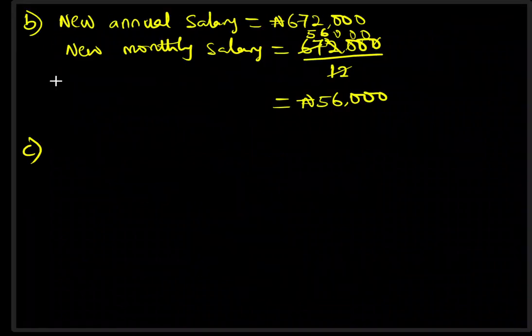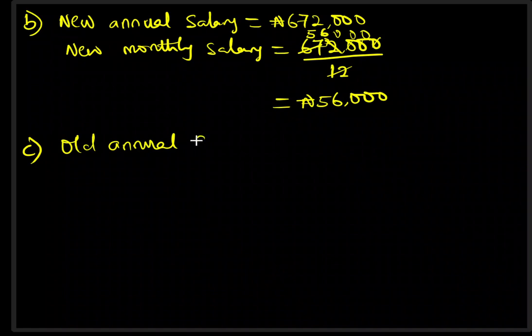So we've gotten the new monthly salary. Let's check the old monthly salary. Before that, let's know the old annual salary. The old annual salary is equal to 600,000.